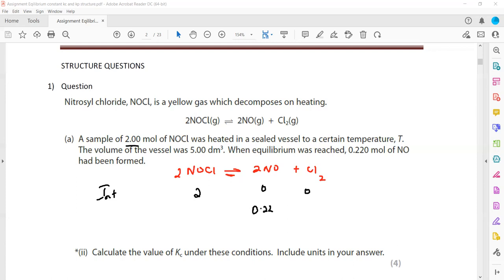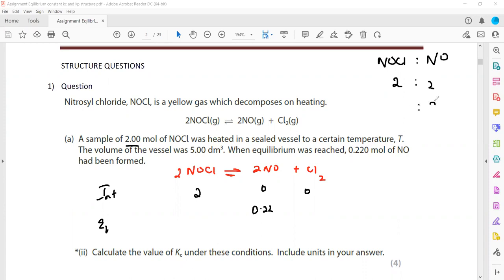Now we want to find how many moles there are at equilibrium. If this many moles of NO are produced, how many moles of NOCl reacted? We take the ratio between NOCl and NO, which is 2:2, or 1:1.